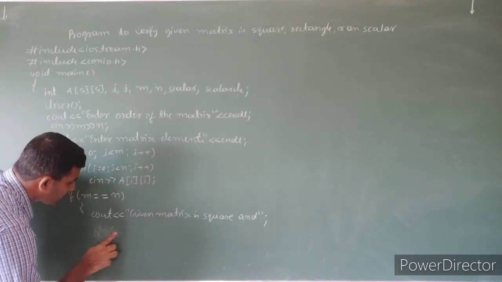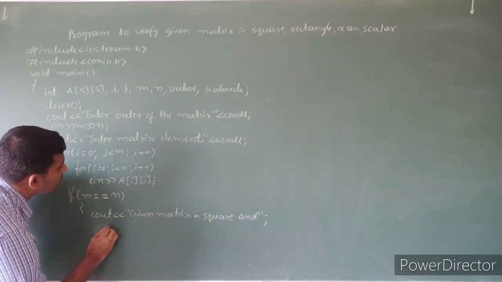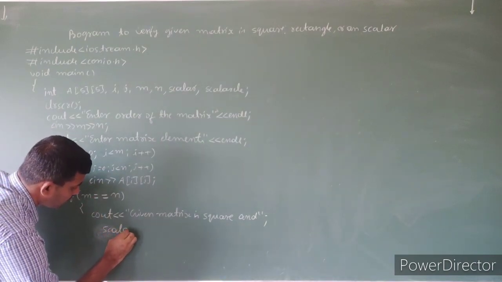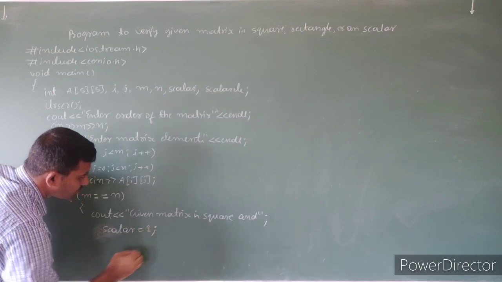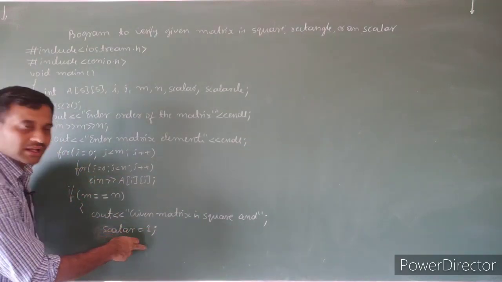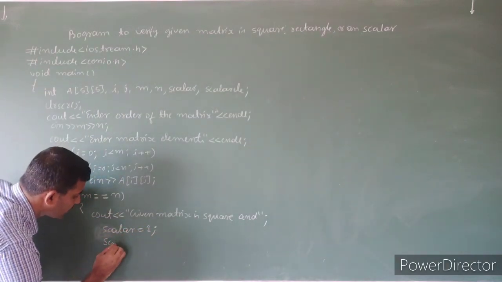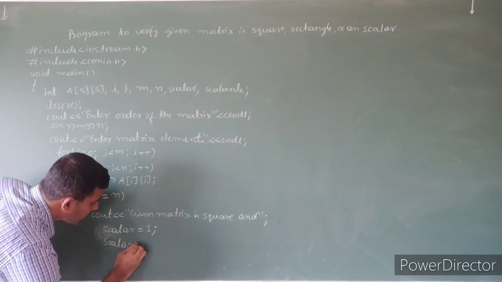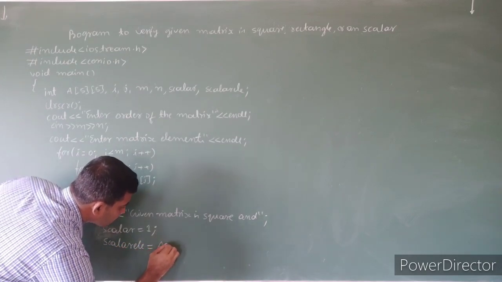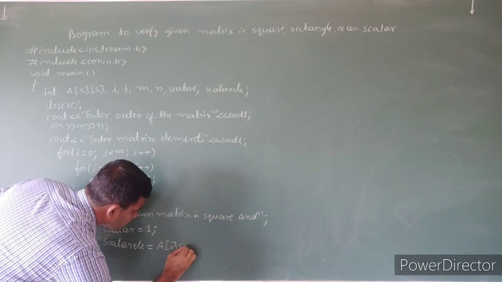Before reading the matrix elements, initialize scalar equals 1. Assume that the given matrix is a scalar matrix. Then also read the scalar element: scalar element is equal to the first element, that is a of 0, 0.